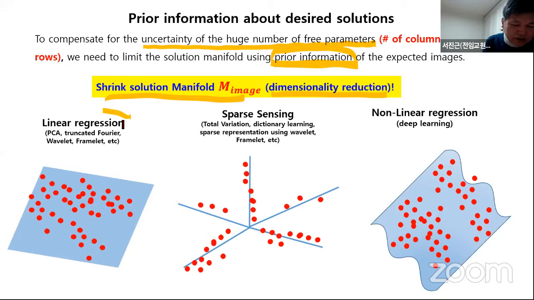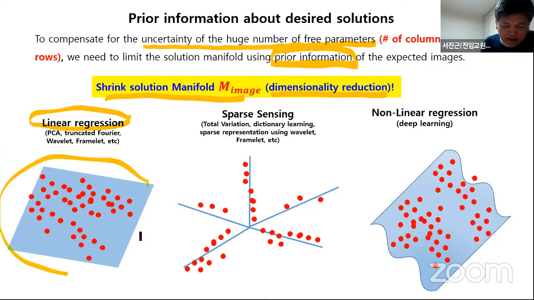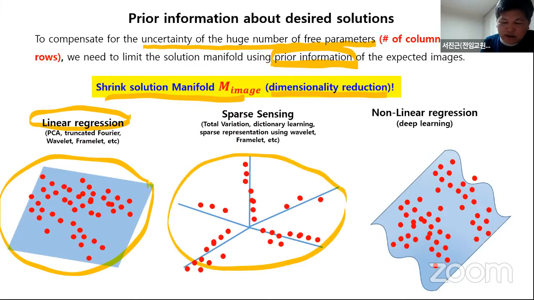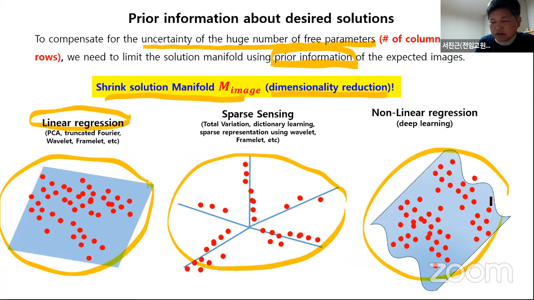So people use linear regression using PCA, truncated Fourier transform or wavelet frames. This is the linear approach. And this is a semi-linear approach, sparse sensing: total variation, dictionary learning and sparse representation using wavelets and framelets. And the non-linear approach is the deep learning approach. This is the learning approach.